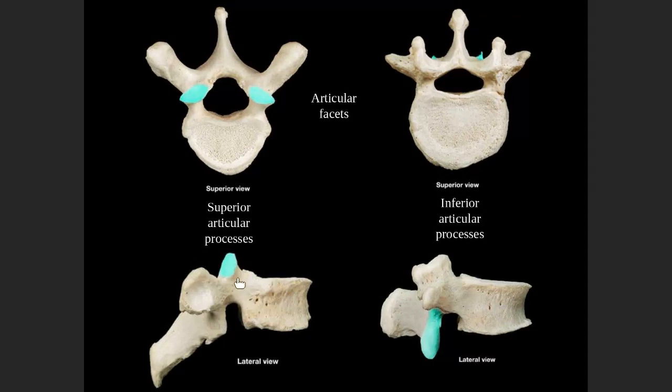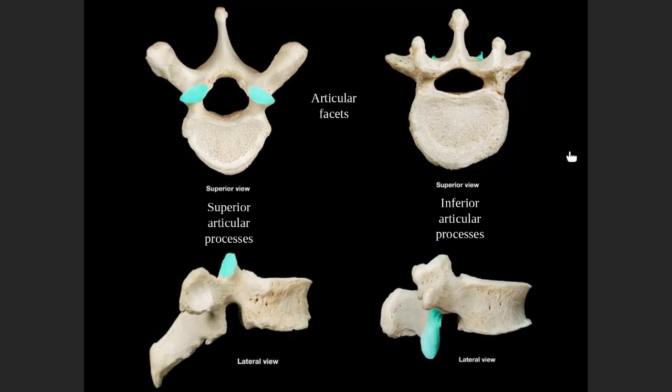Here's a vertebra from the side view. This whole thing right here is the superior articular process. Over here, this is the inferior articular process. It's that bony projection. You can see it here, and you can see it here. This is the superior view. You barely see the inferior on this view.